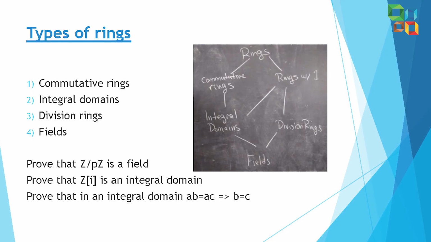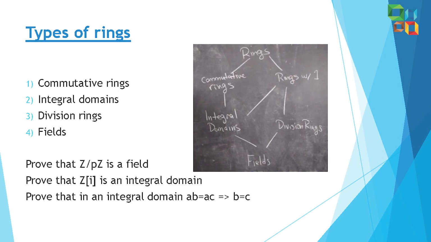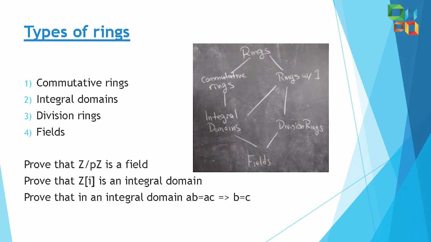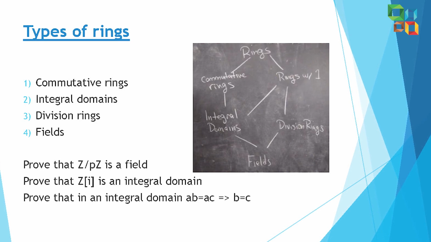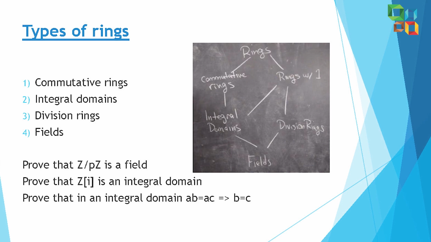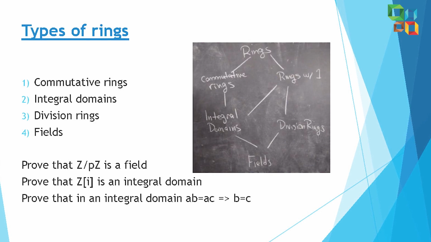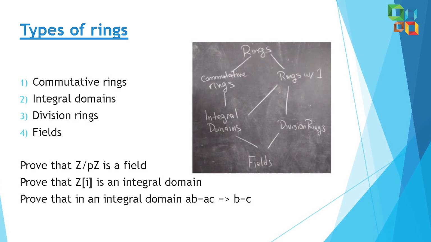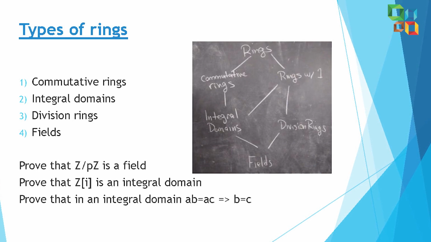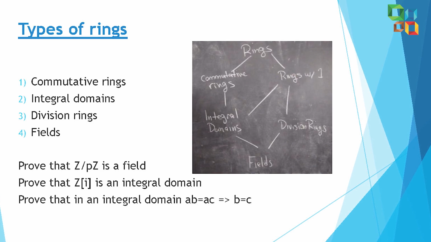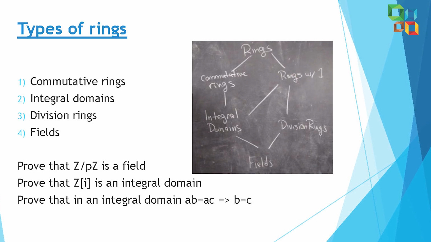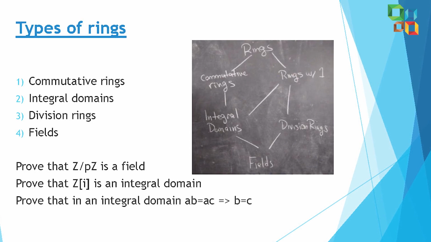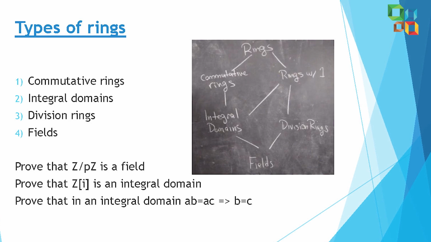Now let's look at different types of rings. We have commutative rings, where multiplication is commutative. We have something called integral domains. As it's there in the name, it's like integers, wherein it is commutative, as you can see in the diagram. But there's a thing that AB equals 0 means A is 0 or B is 0.